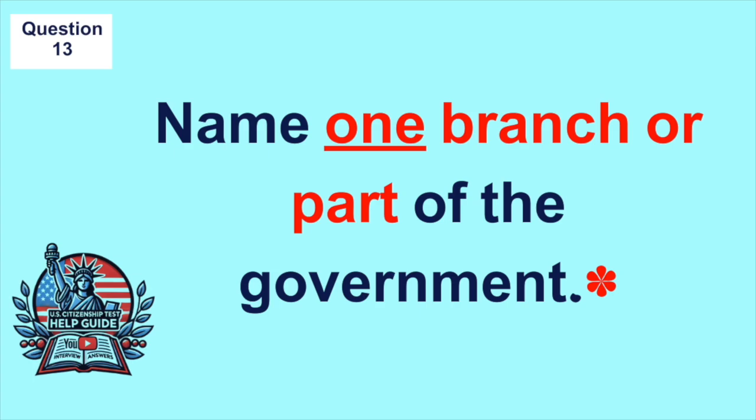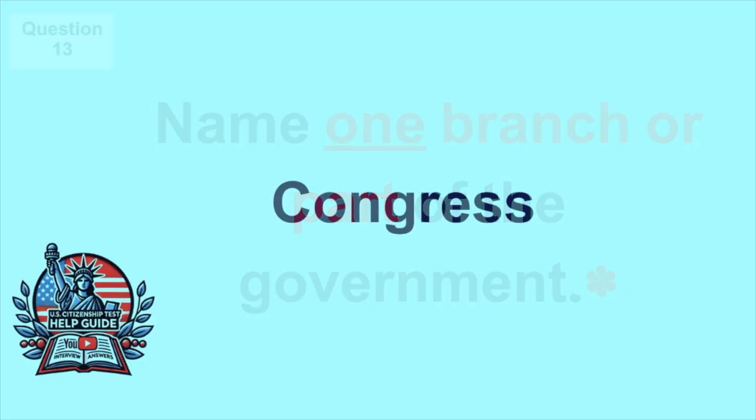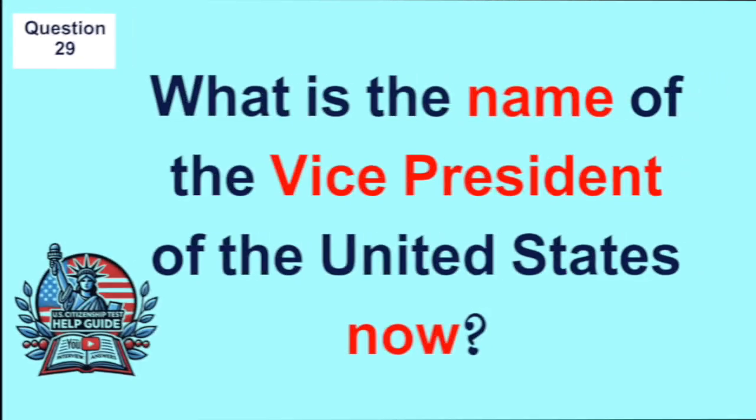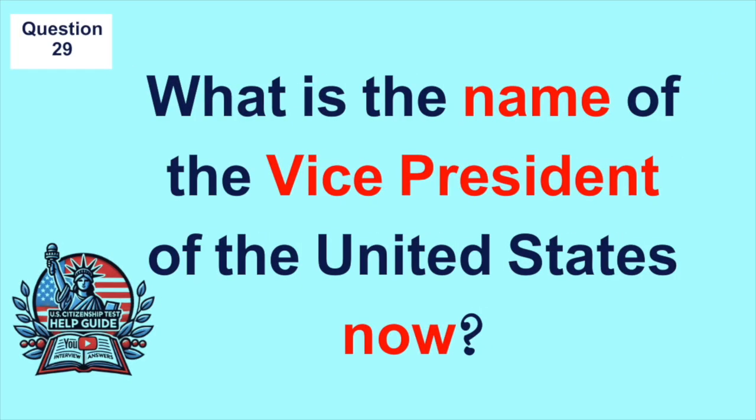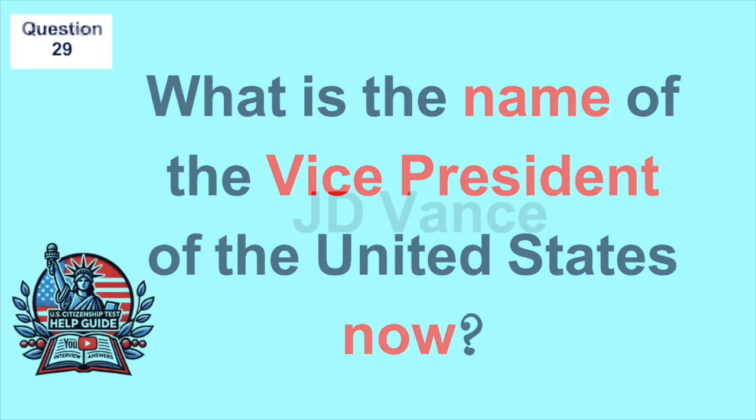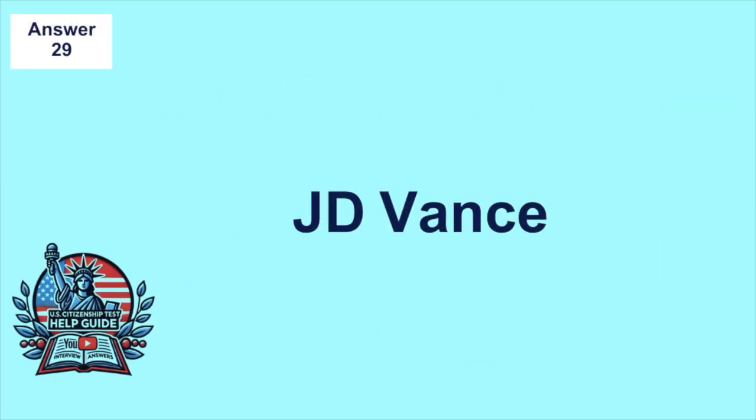Name one branch or part of the government. Congress. What is the name of the Vice President of the United States now? J.D. Vance.